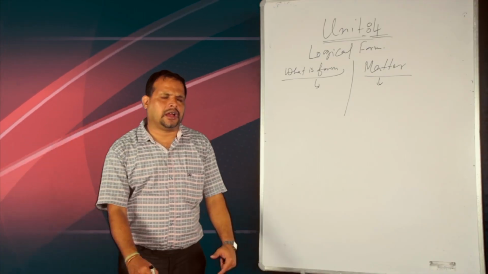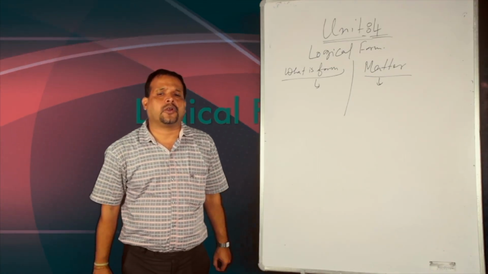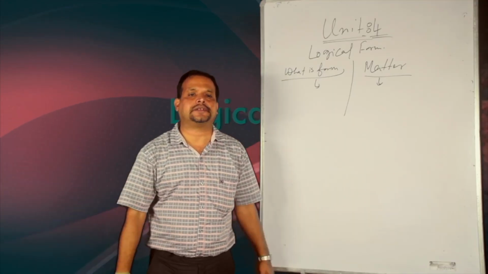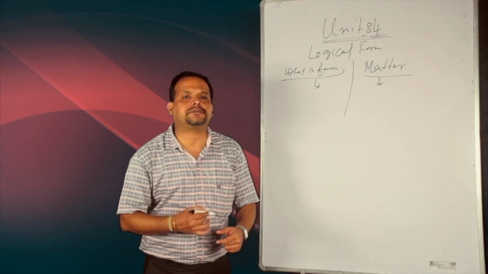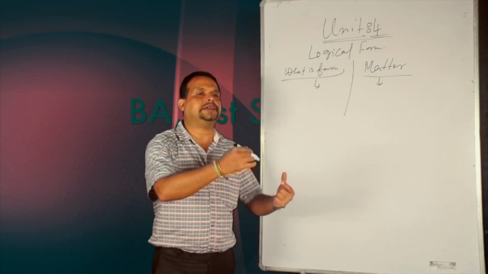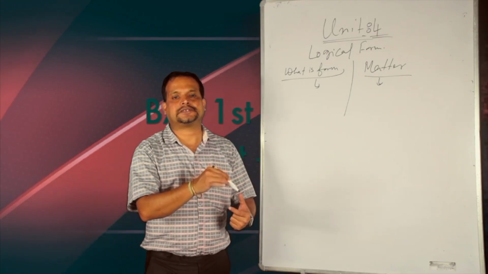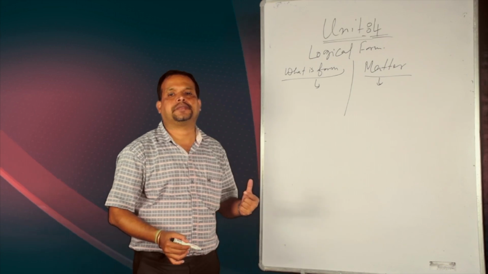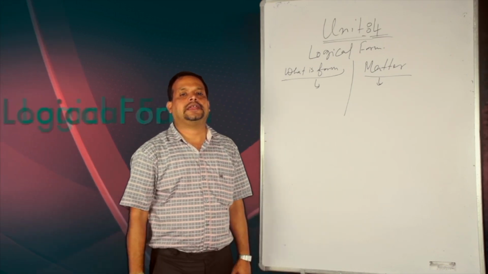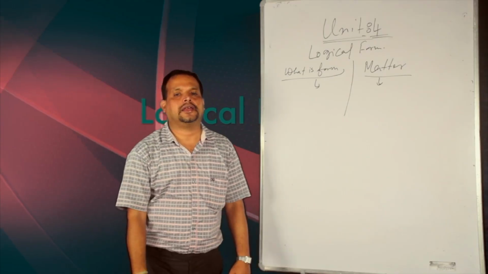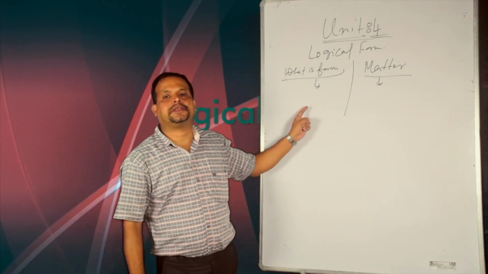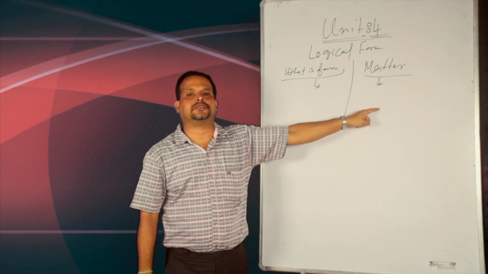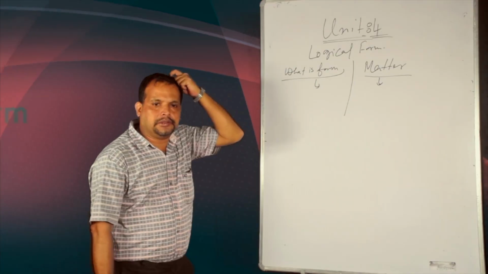Again, dear learners, when we are talking of the matter of the table, basically we are talking about all the elements or substances out of which the table is made. It means, for example, in the case of a wooden table, the wood is the matter or the element or substance which makes up the table.